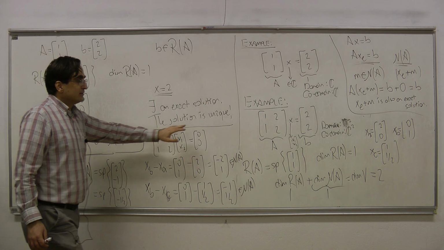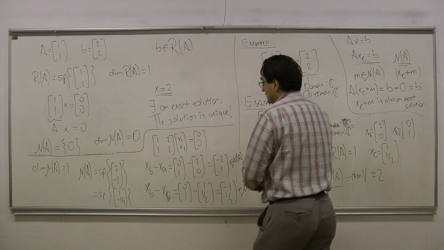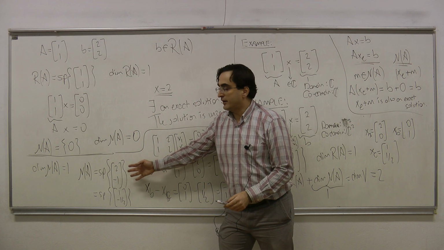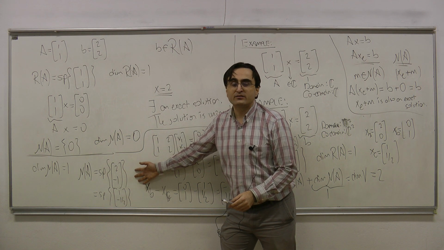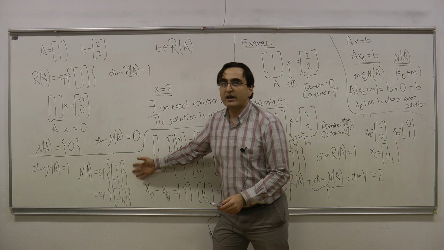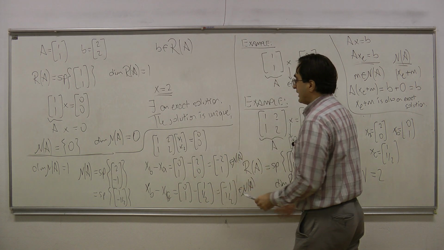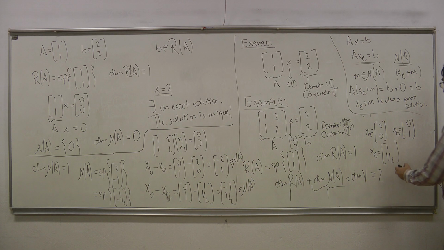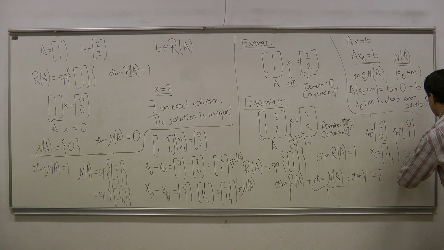Okay? In the last example, my null space is one-dimensional. Okay? There exist non-zero vectors inside the null space. That is why, in this case, our solution really is not unique. Okay? Solution is not unique.